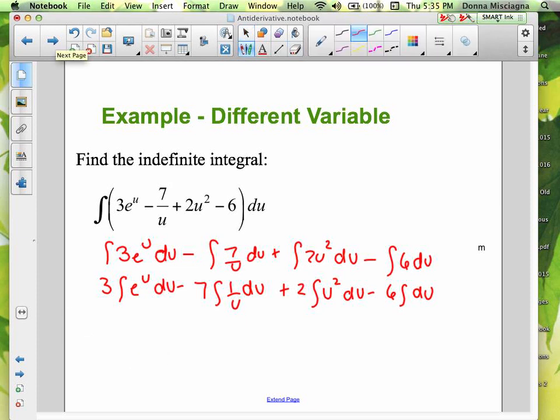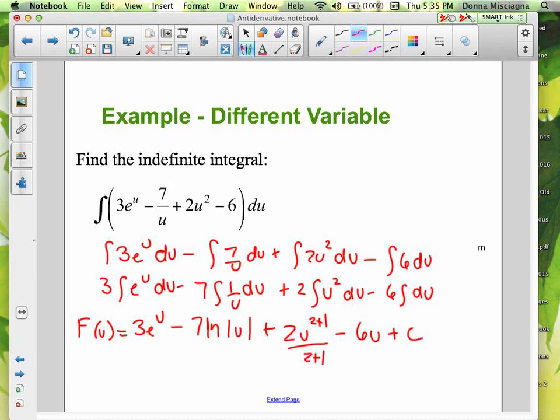I can just put f of u, or just f equals 3e to the u minus 7 ln absolute value of u, plus, now this one's going to be a power rule, 2u to the 2 plus 1 divided by 2 plus 1, and then minus 6, and that would increase by 1, 6u, because the integral of du is going to be u, and then don't forget your constant.